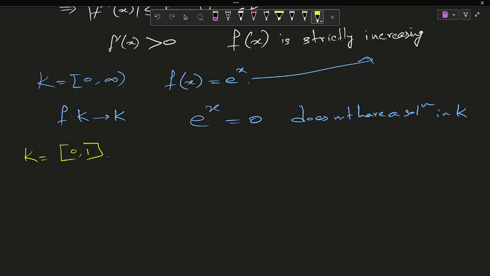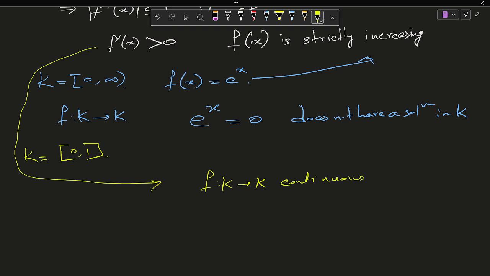They have given us that f from K to K is continuous, and according to the given condition, |f'(x)| is greater than or equal to 1.